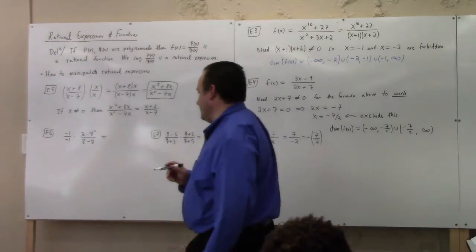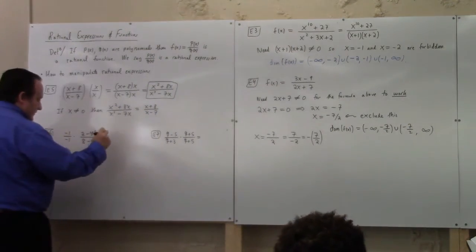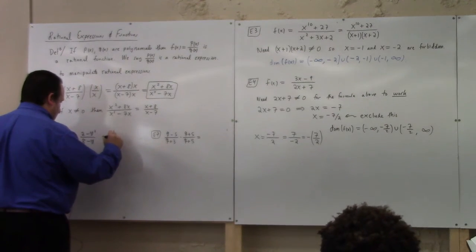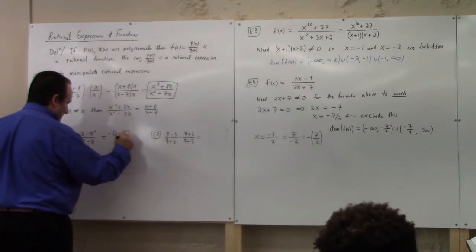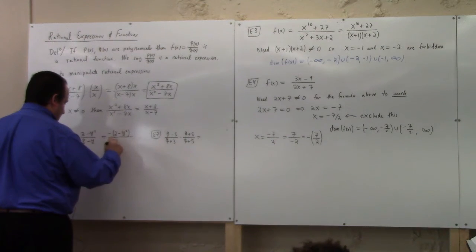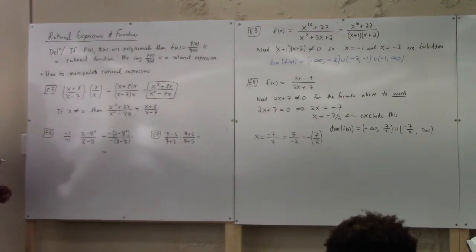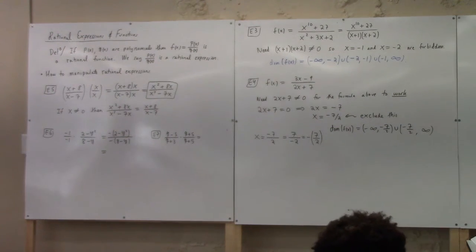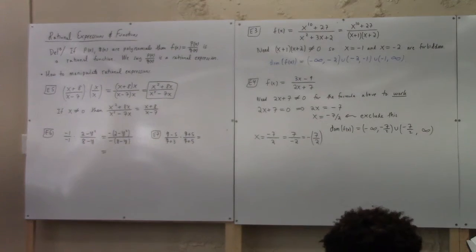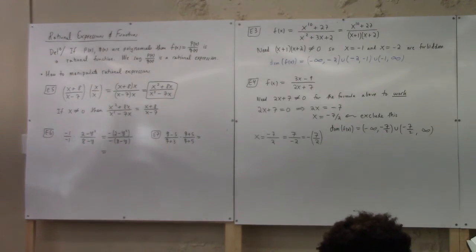All right, so the first one, we have minus 2 minus y squared, right? Divided by minus 8 minus y. So what happens? When you distribute the minus through, what happens? We get minus 2, and we get minus a minus, which is plus, right?